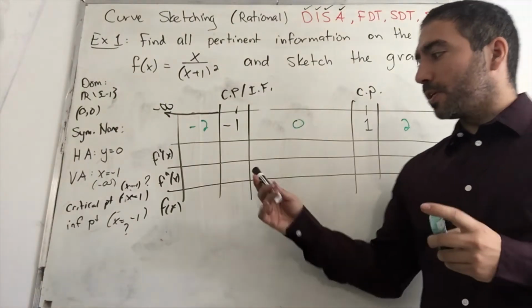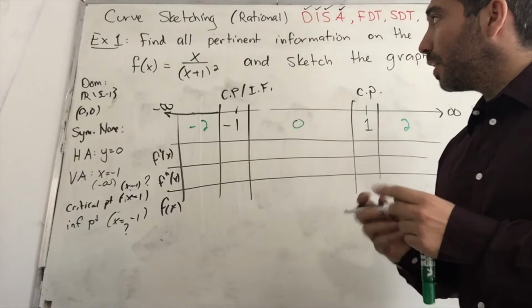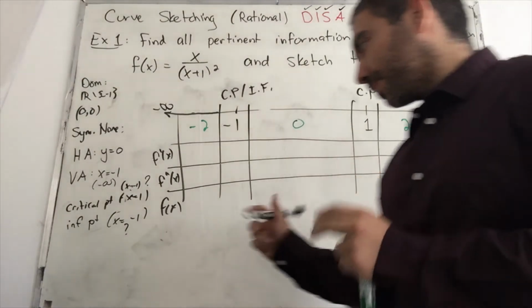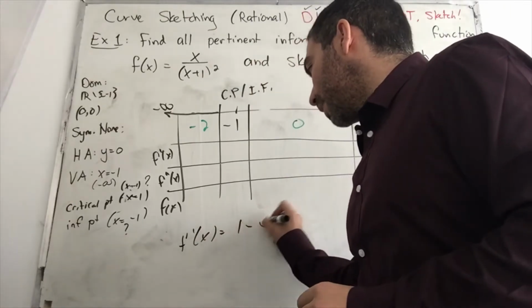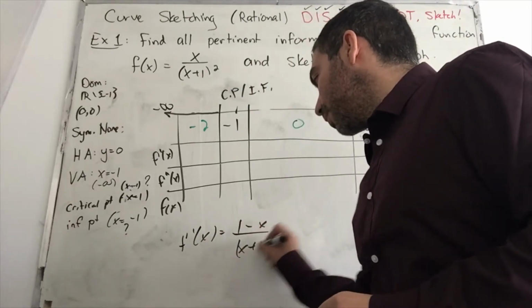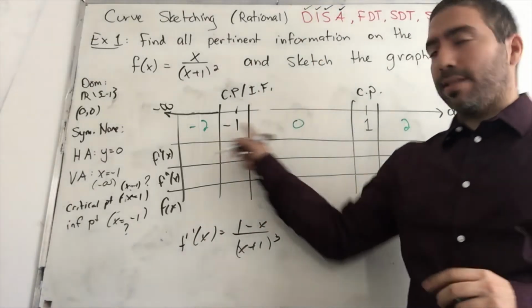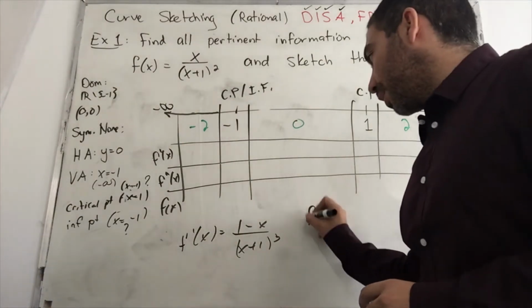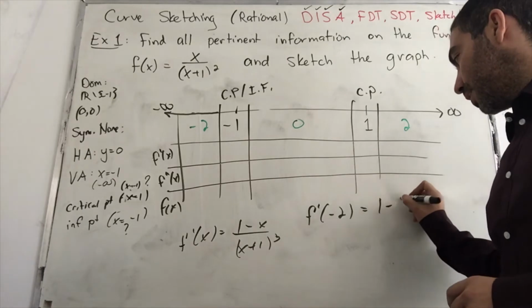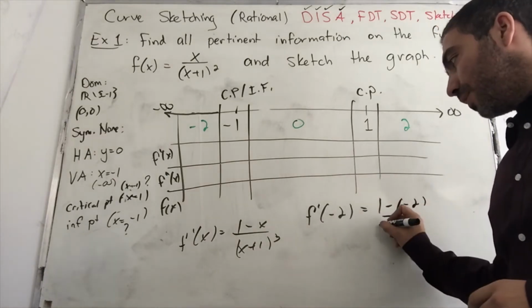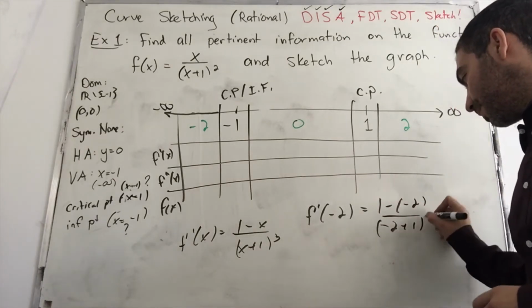Okay, so let's go ahead and use our first derivative. The first derivative was f prime of x equals 1 minus x over x plus 1 cubed. So let's go ahead and test our three values. So f prime of negative 2, plugging in negative 2 here, we get 1 minus negative 2 over negative 2 plus 1 cubed.